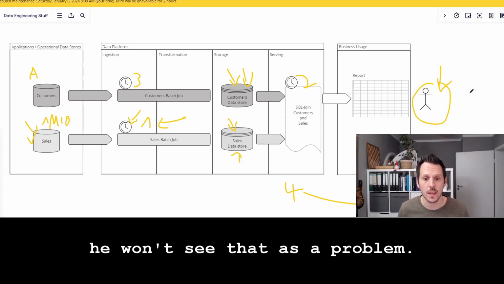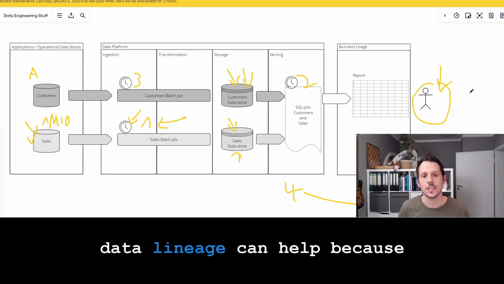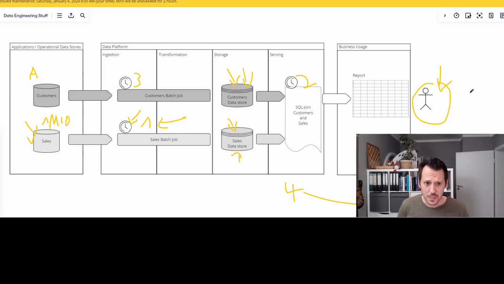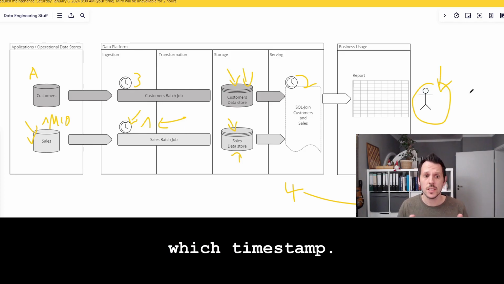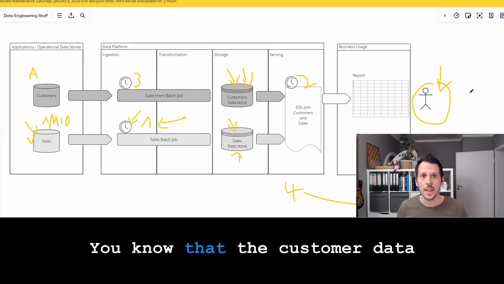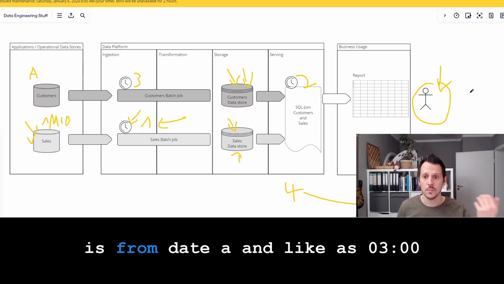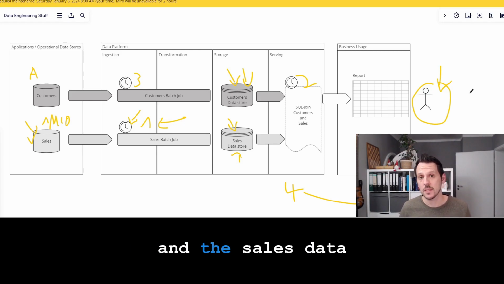So here data lineage can help, because you can outline in the report which data was used with which timestamp. You know that the customer data is from 3 o'clock, and the sales data is from 1 o'clock.